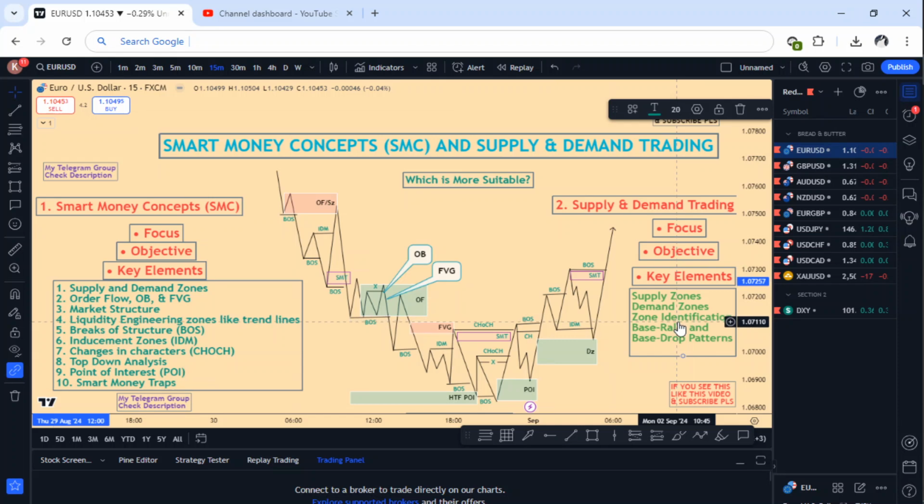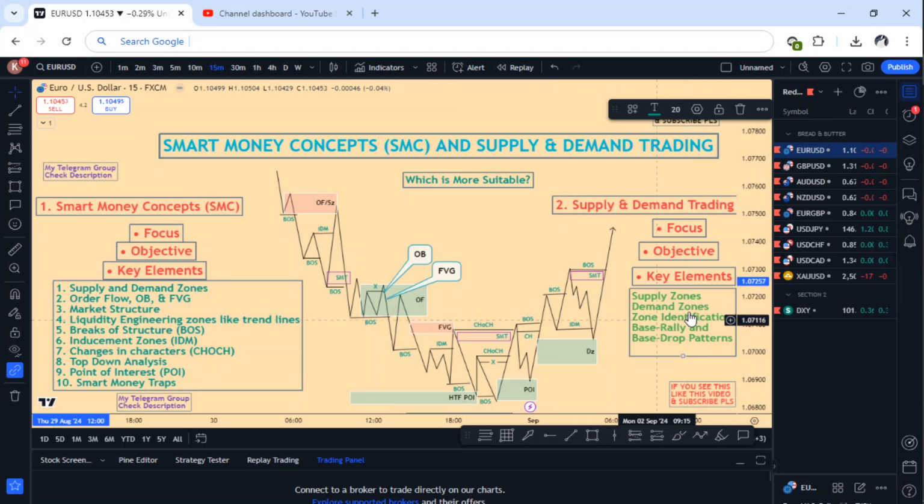These zones are usually found after a sharp move down, representing areas where institutions have sold off their positions. What about demand zones? Demand zones are areas on the chart where buying pressure has historically outweighed selling pressure, causing the price to rise. These zones are typically identified after a sharp move, indicating strong buying interest.